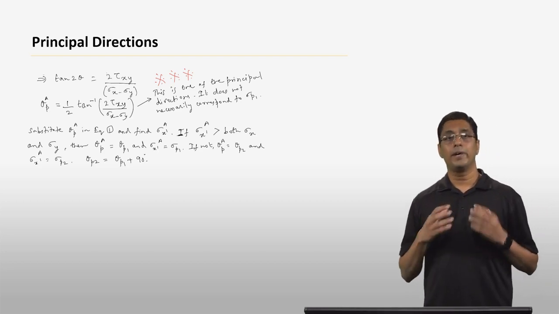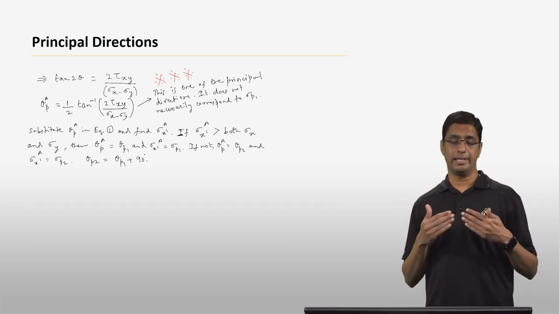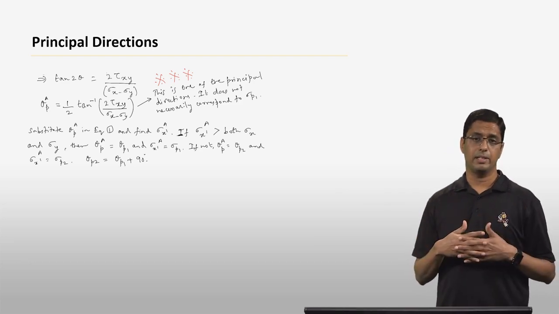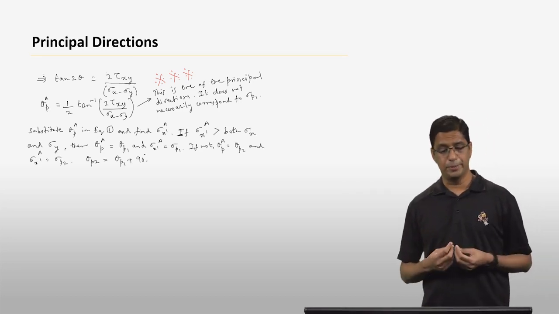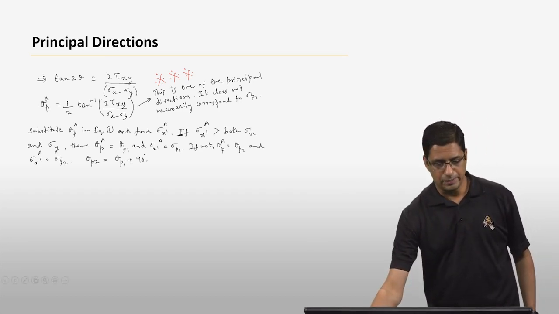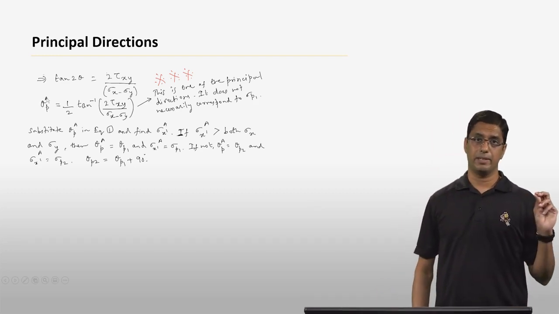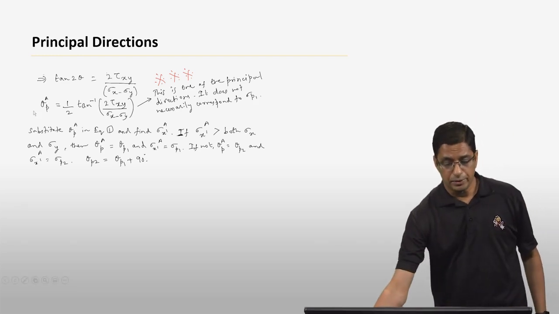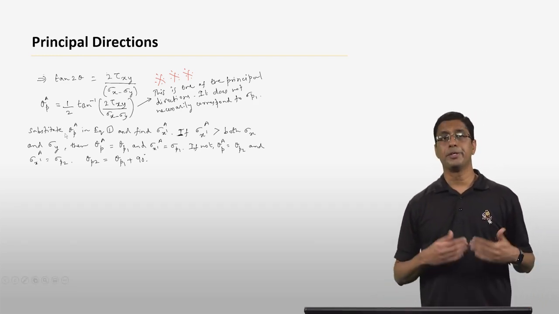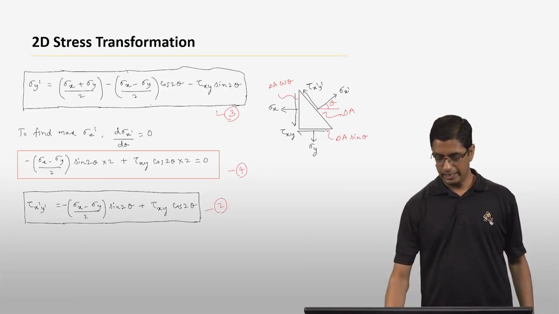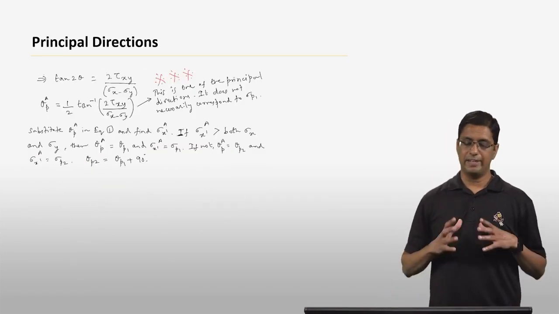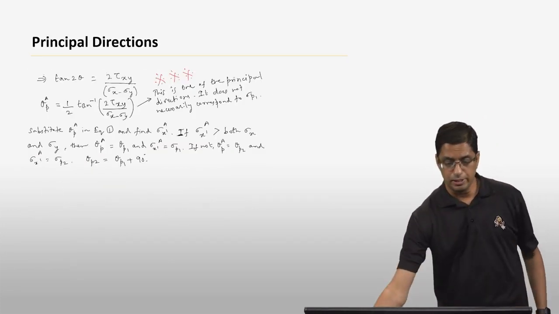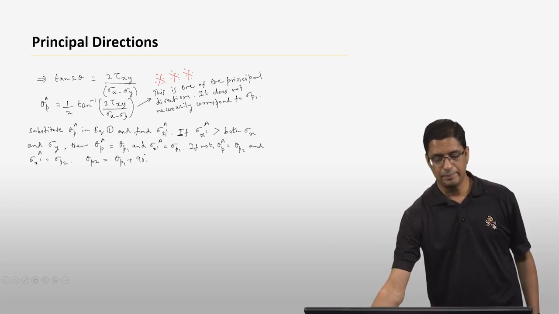Now, how are you going to find out the angle theta p that corresponds to sigma p1 and sigma p2? The simple way to do it is to take the expression you found for theta pa. I have written it as theta pa because we still don't know whether it corresponds to sigma p1 or sigma p2. You substitute this theta pa into equation 1, which is your expression for sigma x prime, and find the sigma x prime corresponding to this theta pa, which I have denoted sigma x prime a.